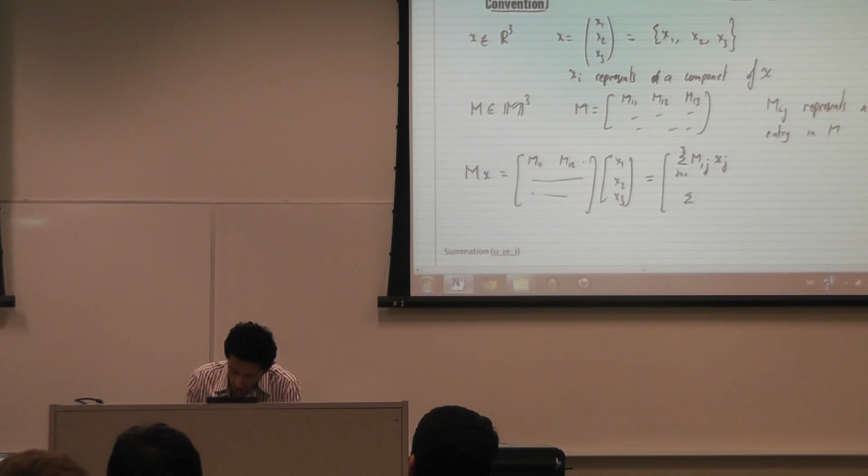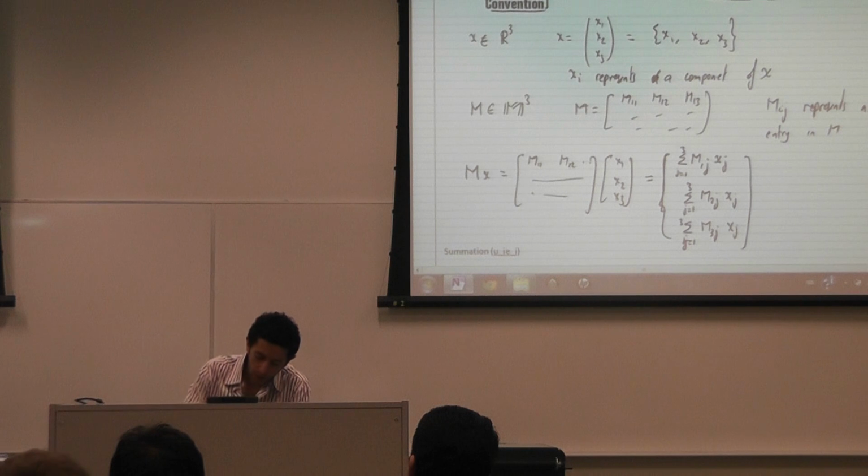And here the sum of m2j xj, where j is equal to 1 to 3. And the sum for j equal 1 to 3 of m3j xj. So this is the result of the operation.